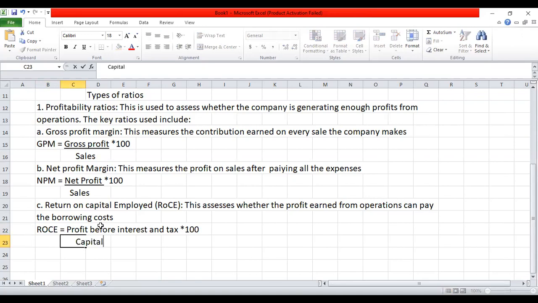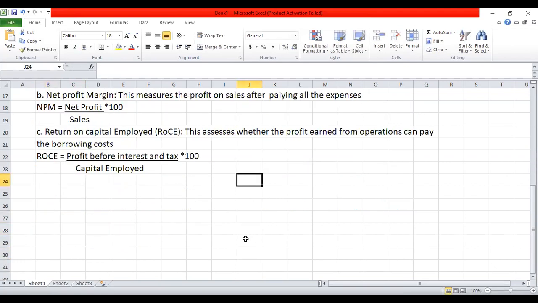Divided by capital employed. So that is the net profit, return on capital employed.